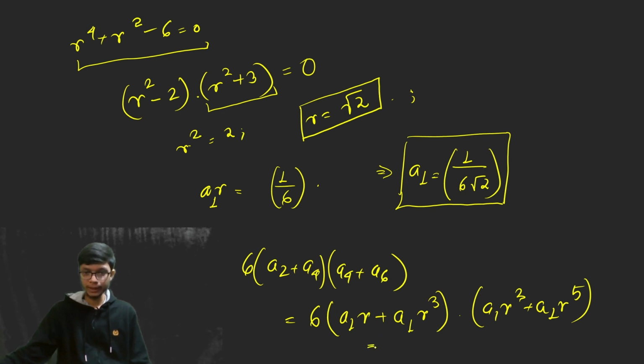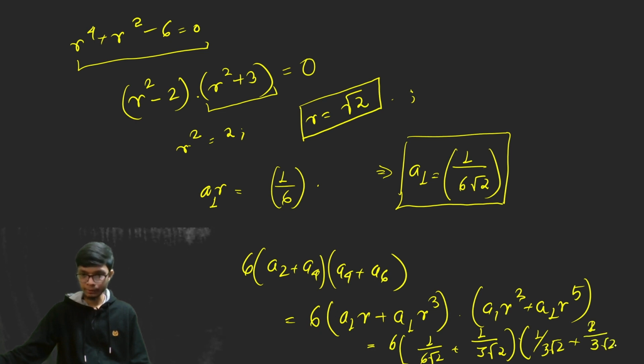If you put the values back into these equations and solve, this will be 6 into (a1 r, which is 1 by 6 root 2, plus the third term, that is 1 by 3 root 2), multiplied with (1 by 3 root 2 plus the sixth term, which will be 2 by 3 root 2). Now if you solve this and compute the result, you'll get 6 into half, multiplied with 1 by root 2.